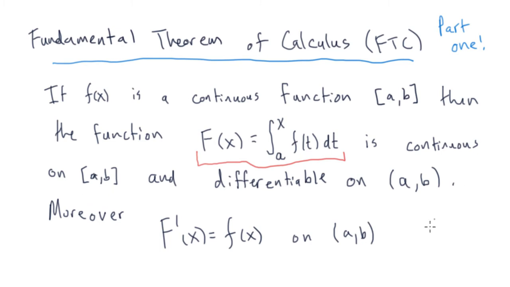Notice that what is F of a? If I plug in a for x, well, I'm just looking at the definite integral from a to a. That's just going to be 0. So it has this kind of interesting property that F of a is 0. And then F of b is actually just the definite integral of f over this interval. But now what if x is strictly between a and b?